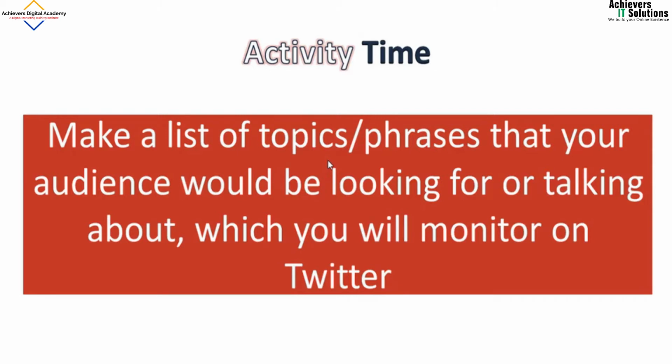Think of everything that you would want to monitor, all the topics, all the possible phrases, all the combinations of phrases, any conversation that you would want to monitor on Twitter. So put that down in your notebook. Please pause the video now. Put this down. It's going to be useful for you, useful for your business, and also for your effective use of Twitter as a marketing platform. So pause the video right away and make this list and then come back and play it again.